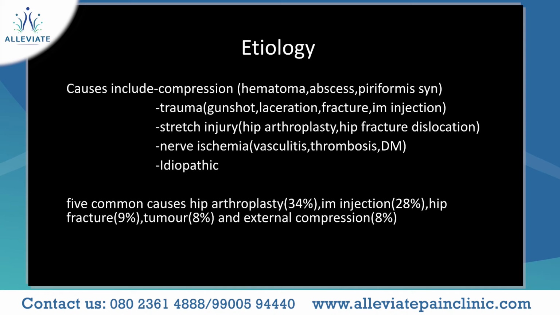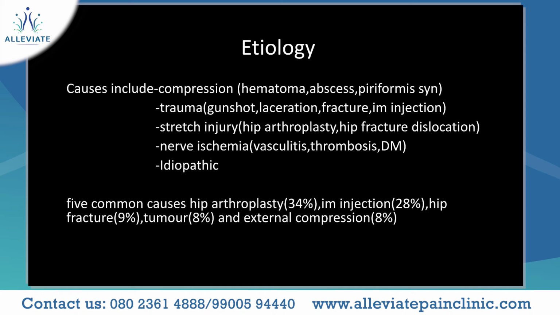So the etiology can be compression because of hematoma, abscess, piriformis syndrome, trauma, gunshot, laceration, fracture, IM injection. Again, something which is common, and that's the reason why we divide the buttock into four quadrants, and in the right upper outer quadrant you give your IM injections.